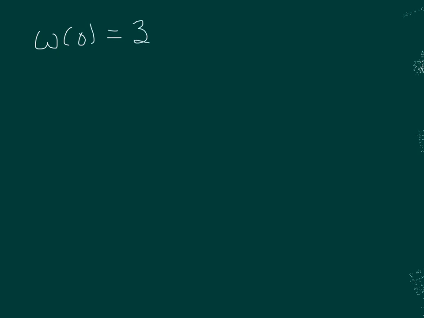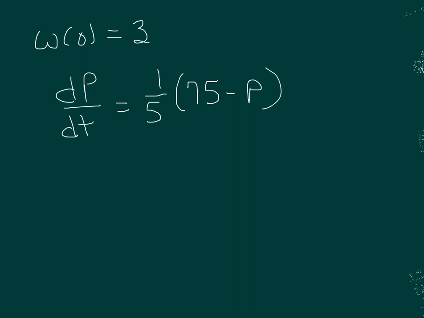If the weight of the puppy is p, t days after it's first weighed, the rate that the weight is changing, dp/dt, is 1/5 of 75 minus p. This is the rate at which its weight is changing over time. You don't have to find that. They gave you that.